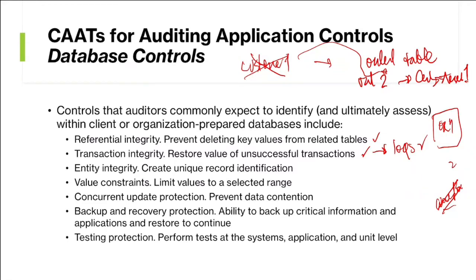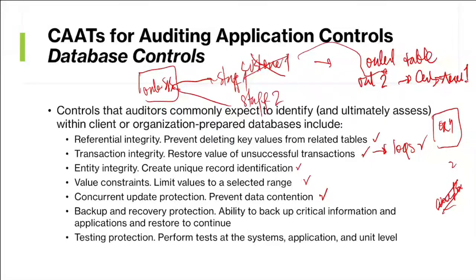Next, entity integrity: there is a unique record identification, value constraints that limit values to a selected range, and concurrent update protection, which prevents data contention. For example, you have your order system, and you have staff 1 and staff 2. Staff 1 is updating order 1.